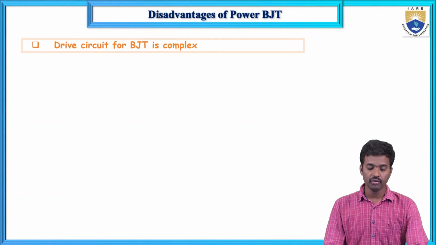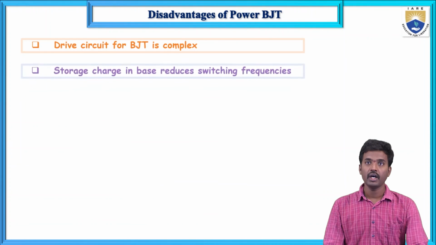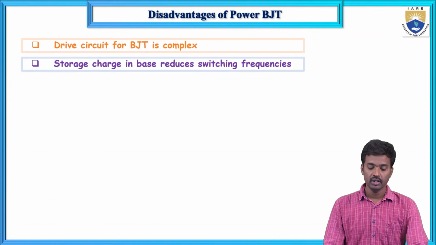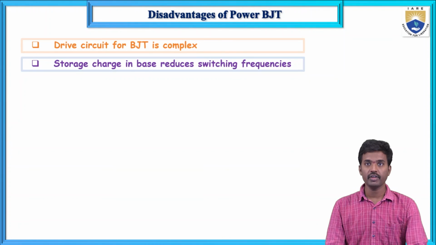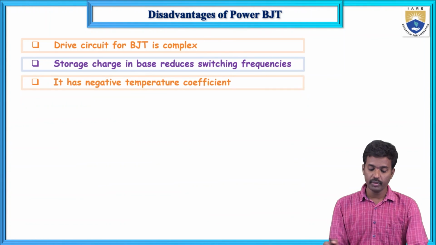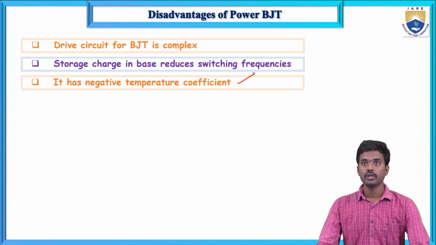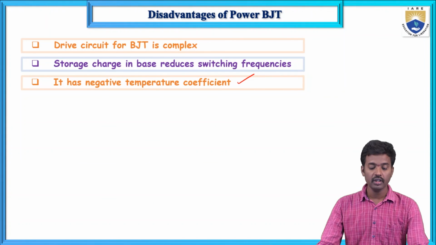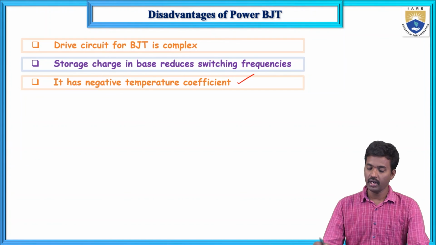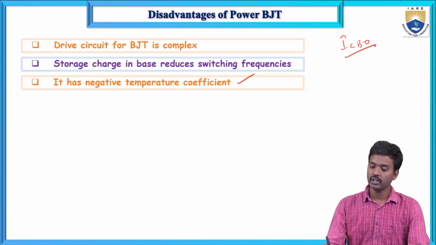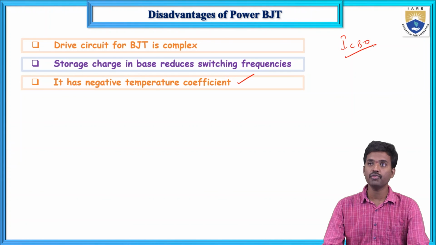Next, what about the disadvantages? The drive circuit for BJT is complex, and storage charge in the base reduces switching frequencies. It has a negative temperature coefficient. As we have already seen, because of this, the reverse saturation current ICBO doubles for every 10 degrees rise in temperature.